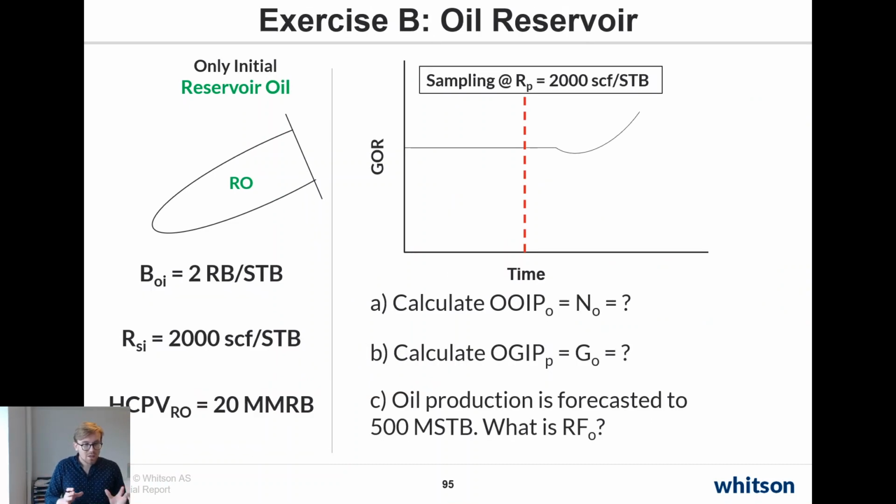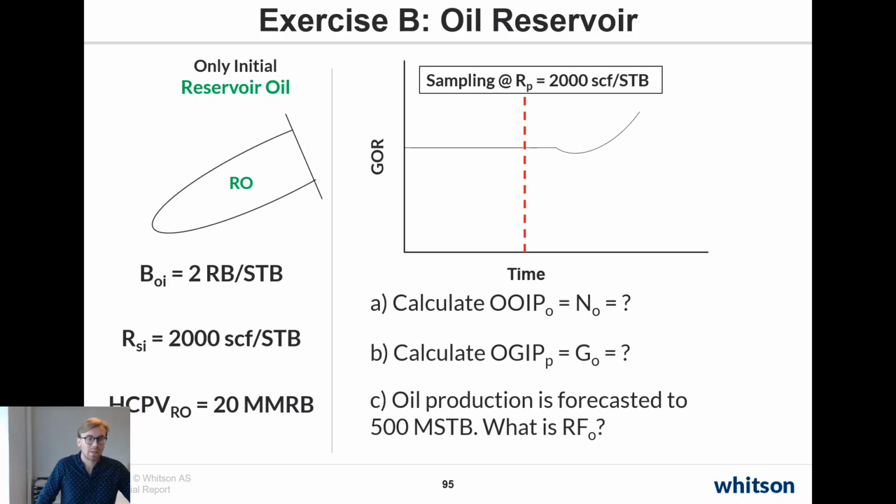So we've defined these things now, and we would like to do exercise B, where we have an oil-only reservoir case, with a formation volume factor of 2, solution GOR of 2,000, and hydrocarbon pore volume of 20 million reservoir barrels. So this is probably an unconventional well, I guess.